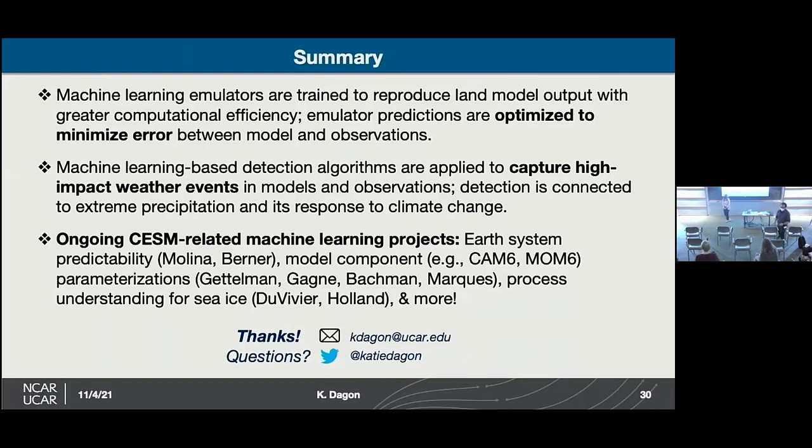Yeah, great talk and really nice work, Katie. I also had a question about the fronts and the figure you showed about the climate change and extreme precipitation related to fronts. Is some of the Southwest US signal associated with fronts also associated with atmospheric rivers, which a lot of times tend to align with fronts and extratropical cyclones?